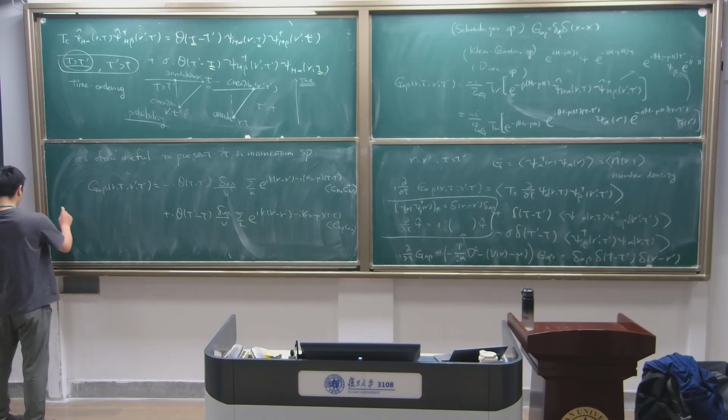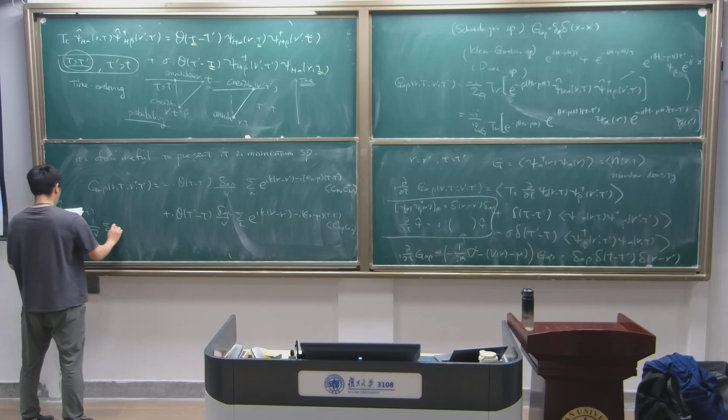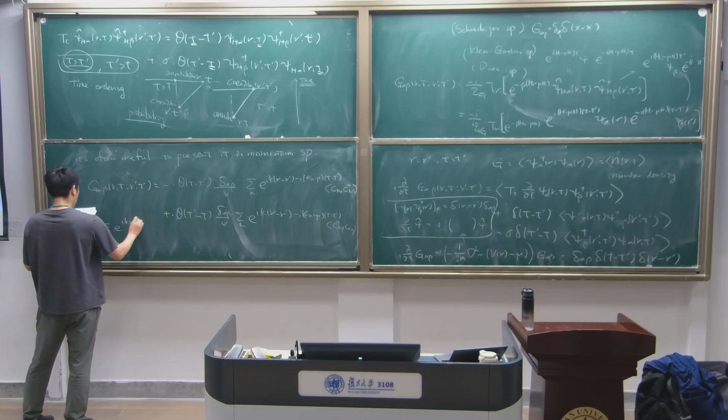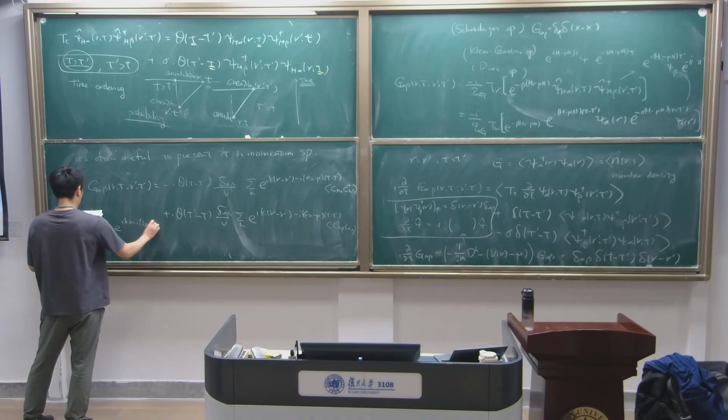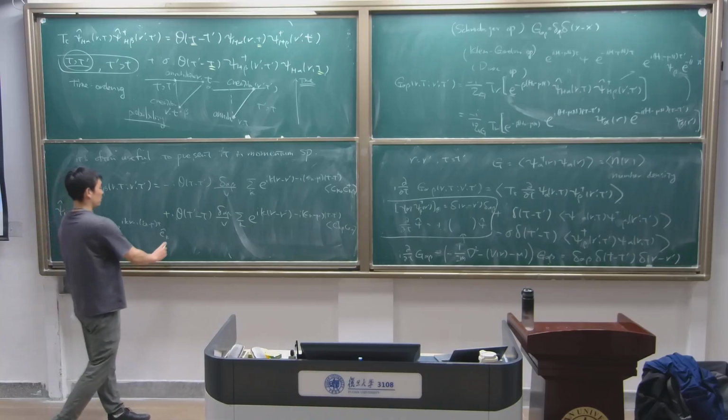So here I just use the expansion of psi. Psi hat alpha of R, T can be written as one over square root of V, sum over K, e to the i K R, times c K alpha.